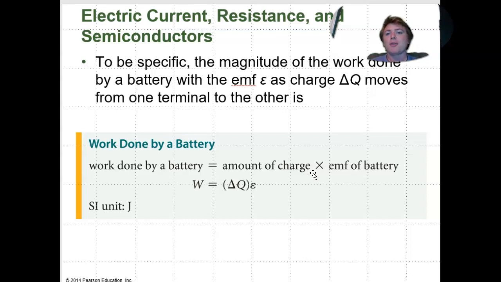So, for example, your standard AAA battery is 1.5 volts. Your standard D battery is 1.5 volts. Now a D battery can do more work because it can run longer and it can move more charge, but it's still the same voltage.